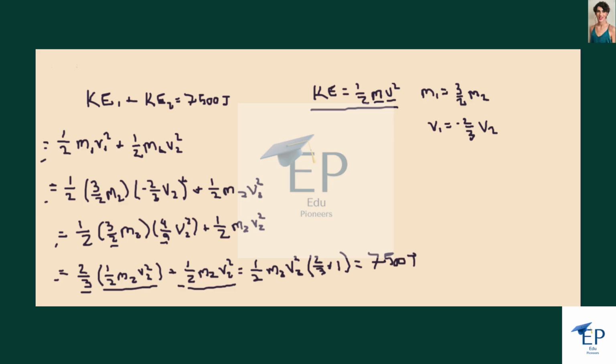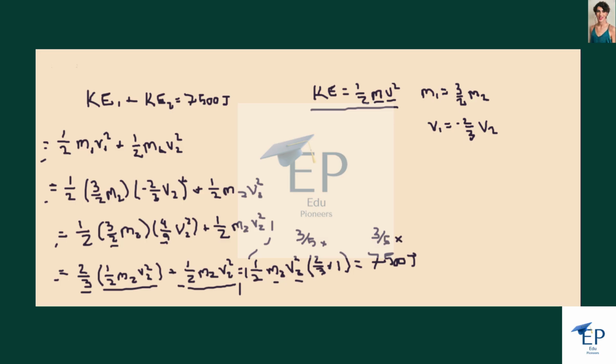But now look, we have everything in terms of the mass of the second particle and the velocity of the second particle. All right, so now a little bit more mental math. 1 plus 2/3, that's what, 5/3. And so what happens, I'm going to draw a little demarcation here. If we multiply both sides of this equation by 3/5, so times 3/5 on this side, times 3/5 on this side.